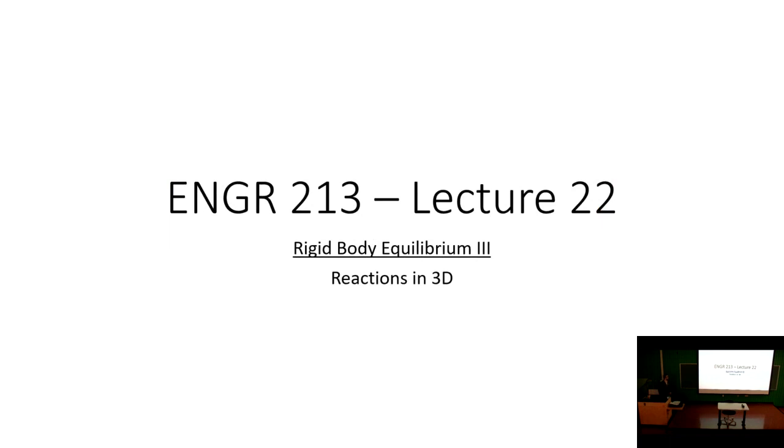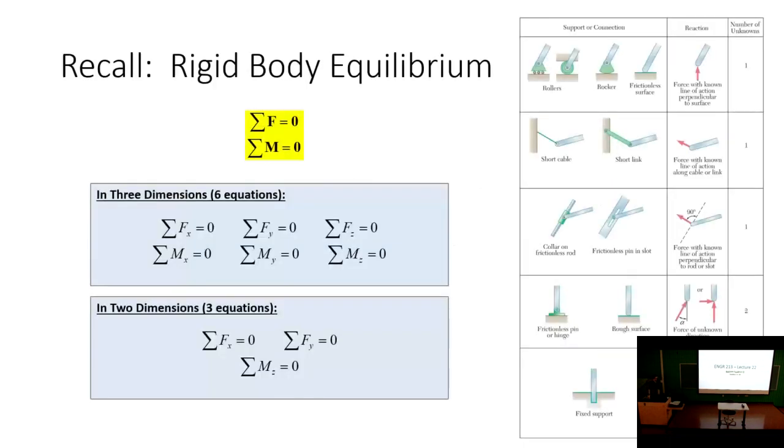So we're talking about reactions in 3D. That's what we're talking about, okay? So, if you recall, in 2 dimensions, we had 3 equations of equilibrium. Well, technically, in the land of 3 dimensions, we have 6 equations of equilibrium. 3 forces and 3 moments, okay?